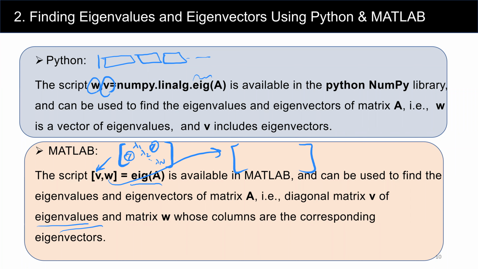Each column of W is an eigenvector. So the first column of W corresponds to lambda 1, V1, and the nth column corresponds to lambda n. Second column to lambda sub 2, and so on. So this is how we can find eigenvalues and eigenvectors in MATLAB and Python.